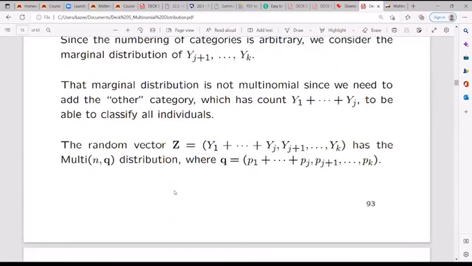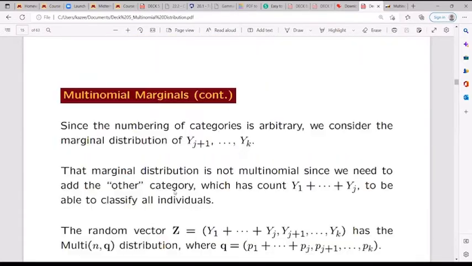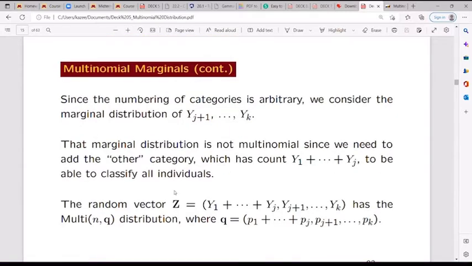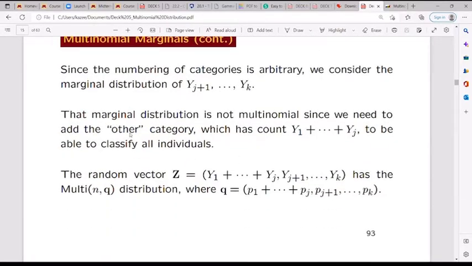Okay, so I basically want to move to something else. How do we find marginals in a multinomial distribution? I want to move into that now. Don't forget, if you consider the marginal distribution of yj+1 up to yk, of course, you remember what we did the other time.